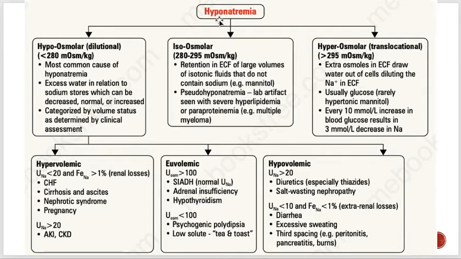When there is hyponatremia, or the sodium ions are less, we check if the osmolality of the plasma is normal. It is isoosmolar, or between 280 to 295 milliosmol per kilogram. What can be the causes? It could be retention in ECF of large volumes of isotonic fluid that does not contain sodium, for example, when we give the patient mannitol.